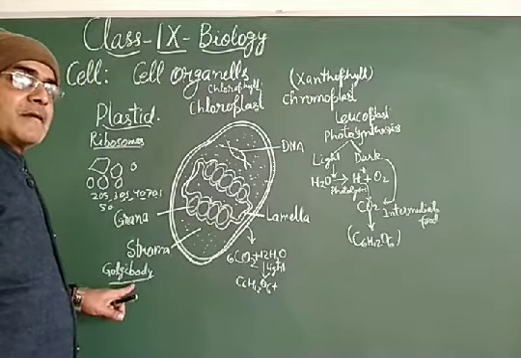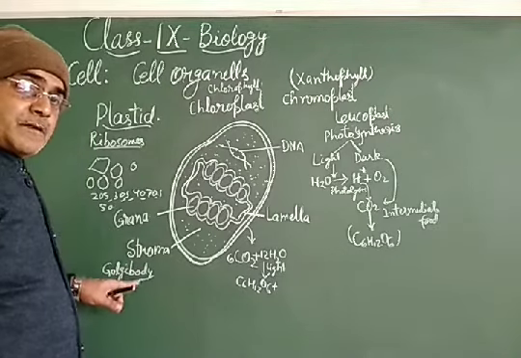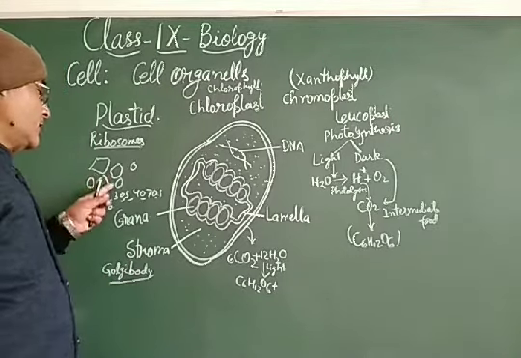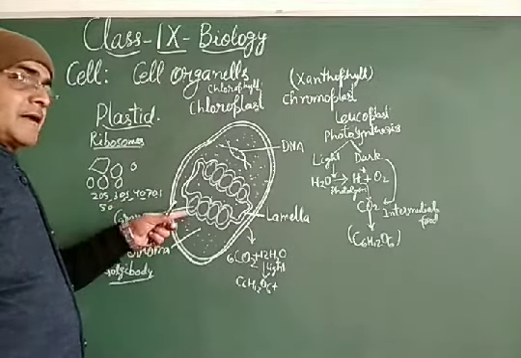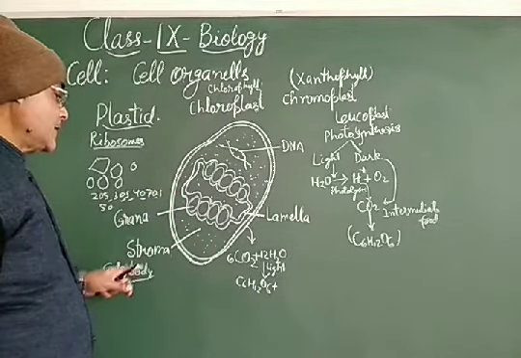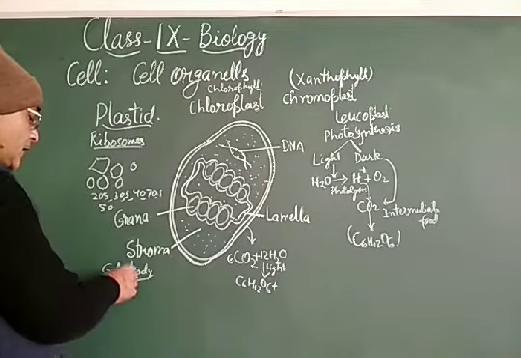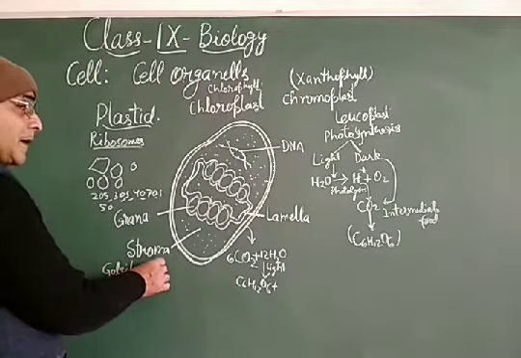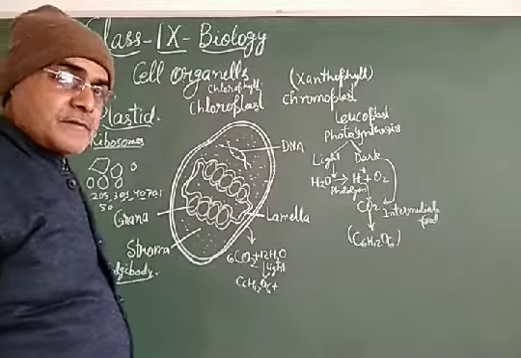This is the packaging cell organelle. It means another function is performed in the Golgi body, protein synthesis is performed in the ribosomes, photosynthesis is performed in the plastid. So the Golgi body is called dictyosome in plant cells, and the main function of the Golgi body is packaging of lipoprotein and glycoprotein inside the cell.